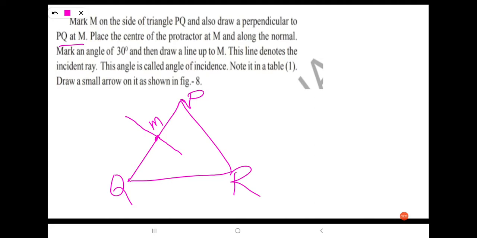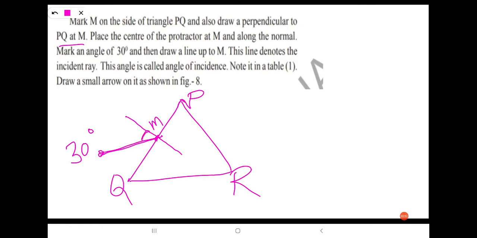We have to mark an angle of 30 degrees and draw a line up to M. Okay, so here, assume that it is at this point. So we have to draw a line up to M here. This angle is called the angle of incidence. Okay, so this line denotes the incident ray.